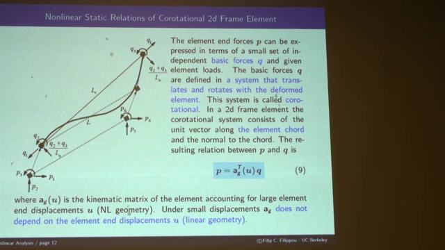So once AG is a function of U, we are talking about nonlinear geometry. By contrast, if AG is not a function of U, because the U's are very small displacements, then we talk of linear geometry, or better, linear kinematics. Because as you will see in a moment, we can have nonlinear statics in that case.